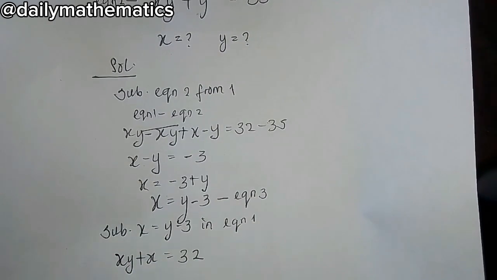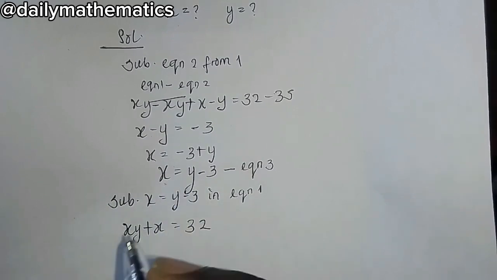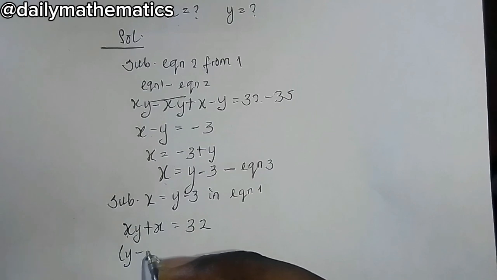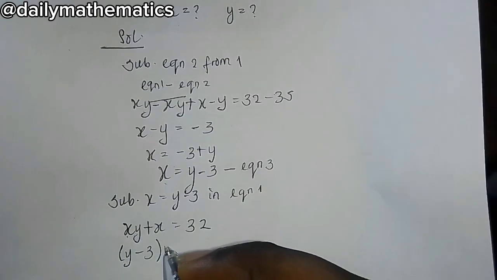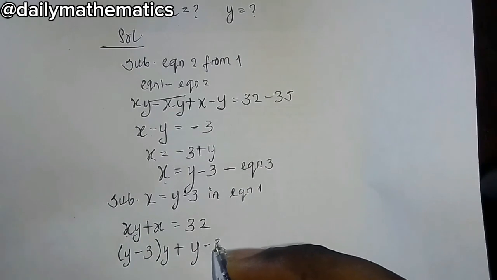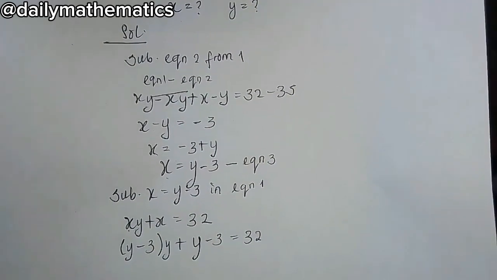This was the original equation 1. So I want to substitute the value for x here. So x is y minus 3. So I have x here, I'll put y minus 3. And I have y here, and instead of putting x, I put y minus 3, equals 32.